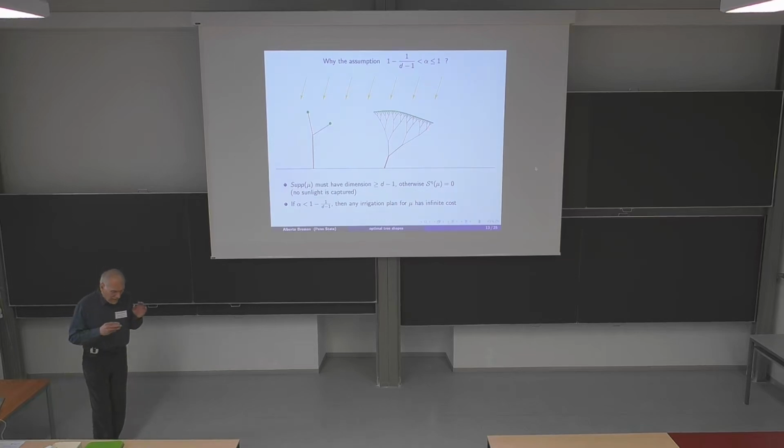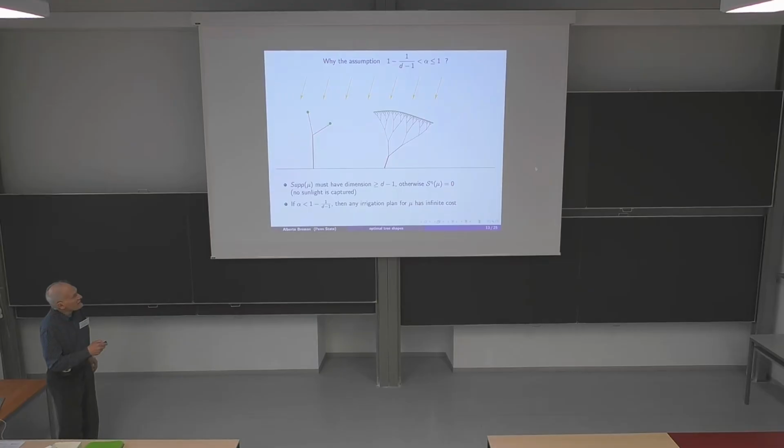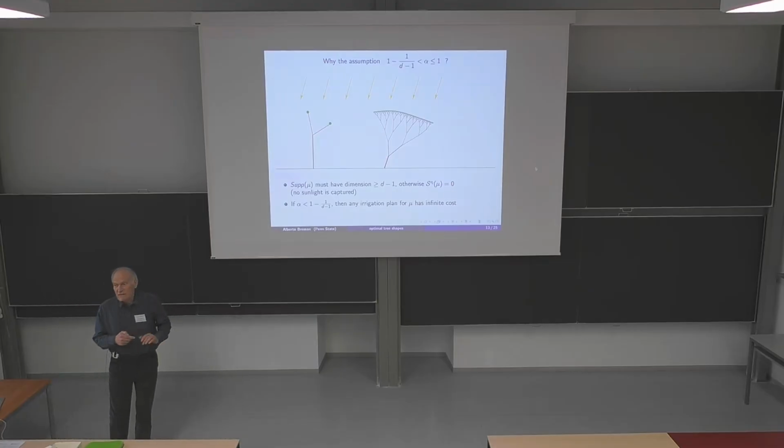So that inequality is necessary, because if not, then either the payoff is 0 or the cost is infinite. See, the point is, I pay little if they all go together. But over here, they have to travel on smaller and smaller pipes, and the cost per unit length is very high if I'm traveling on a small pipe. And that's why it can be infinite, depending on alpha and depending on the dimension.